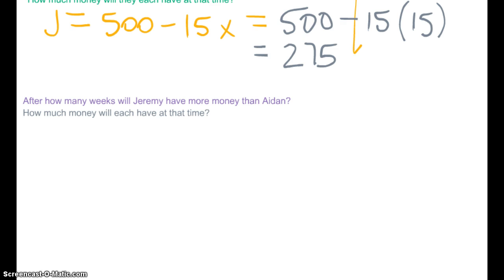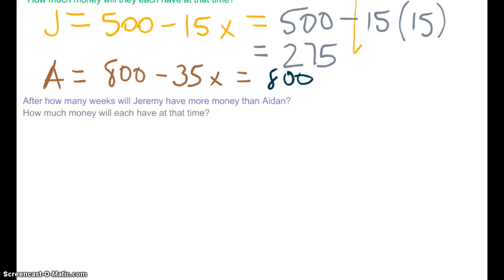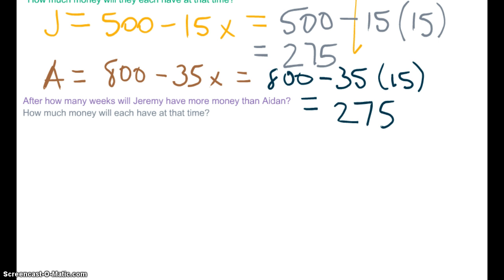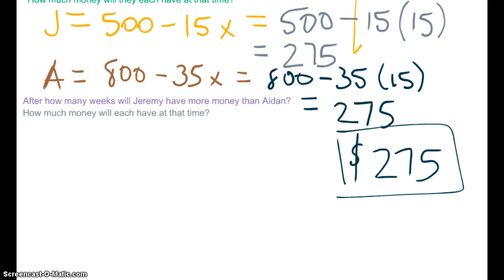And then we should be able to see that Aiden is the same amount, but let's just check it to make sure. So Aiden was 800 minus 35x. So we know that that is $800 minus $35 times 15 weeks, and sure enough, when we work that out, it is also $275. So, how much money will they each have at that time? After 15 weeks, they will each have $275.